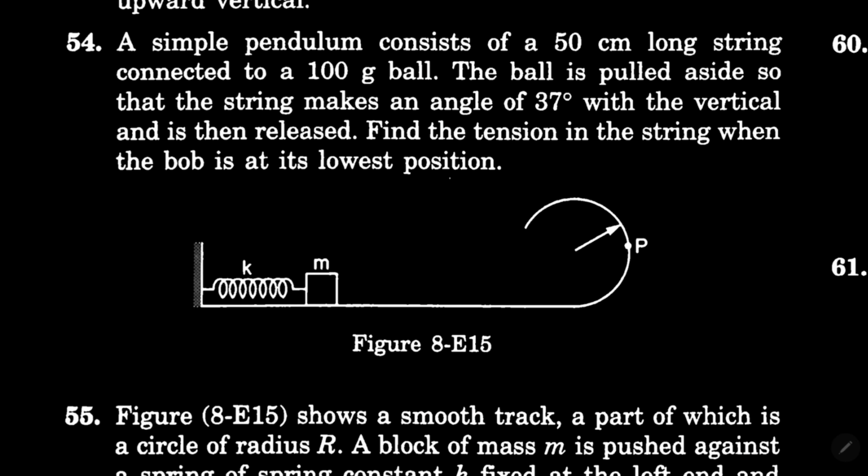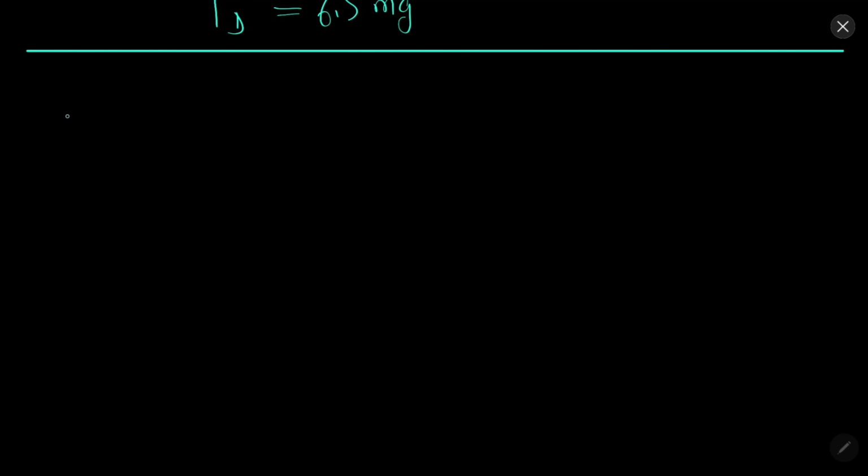In question 54, a simple pendulum is given with a 50 cm long string. We need to find the tension in the string when the bob is at the highest position. Answer 54.